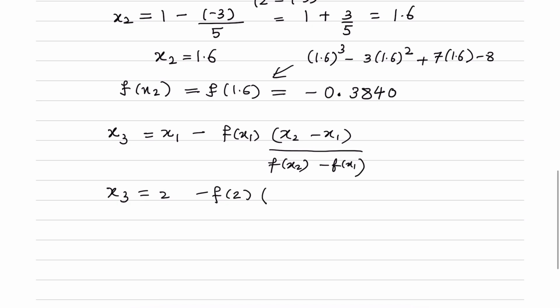We have x2 right here, 1.6 minus x1, which is 2, divided by f of x2. f of x2 is here, which is f of 1.6, which is minus 0.3840, minus f of x1. x1 is 2, so f of 2 is 2.